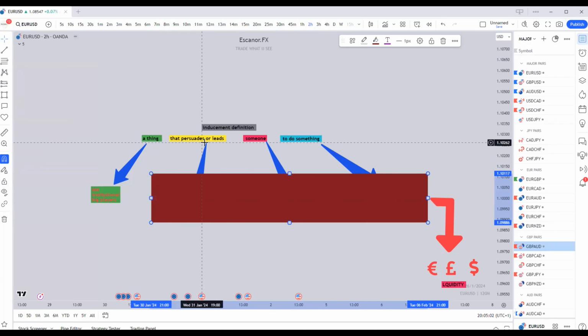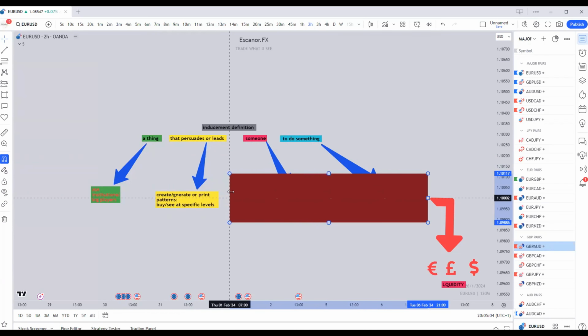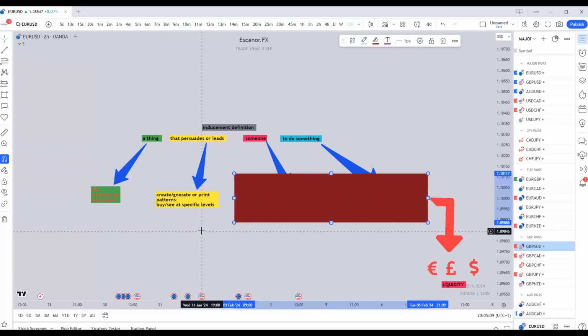Then, what they produce or lead is that they create, generate, or print patterns by buying and selling at specific levels.